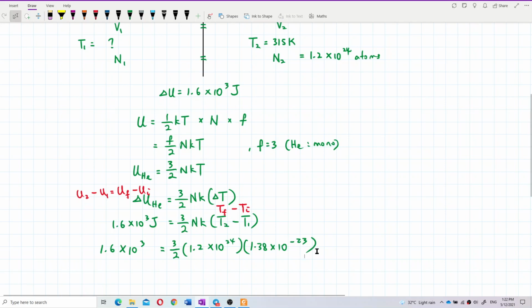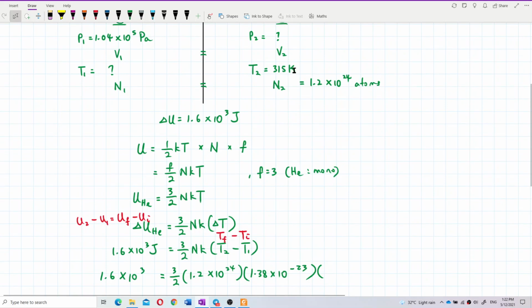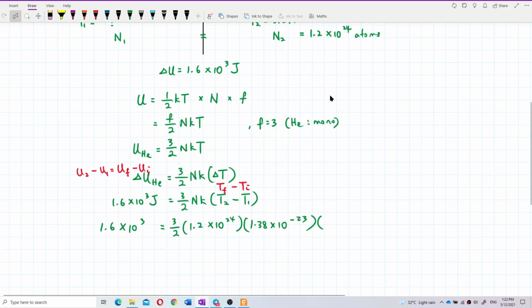That's correct. Okay, so what's the final temperature? Final temperature is 315. Put 315 and then minus T1. Again I get my T1 temperature. It will help me in the long run if I know this.